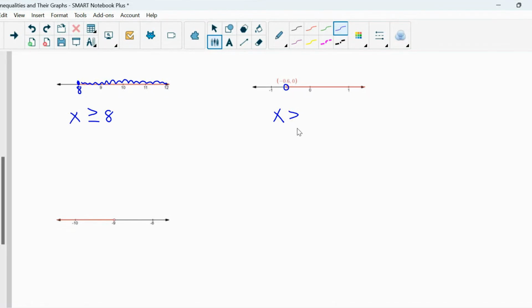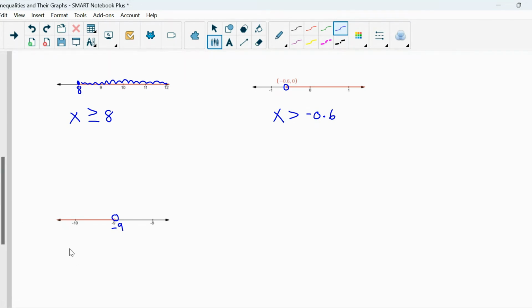Remember, open point, we will not have our equal to symbol. And then write the value at which our point is at, which is -0.6, or -3/5.